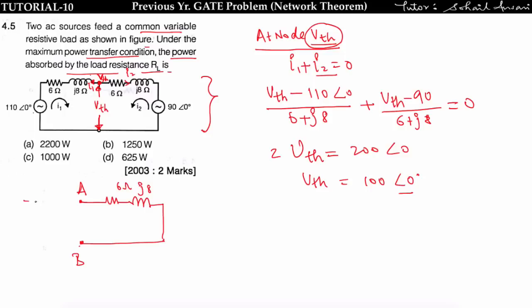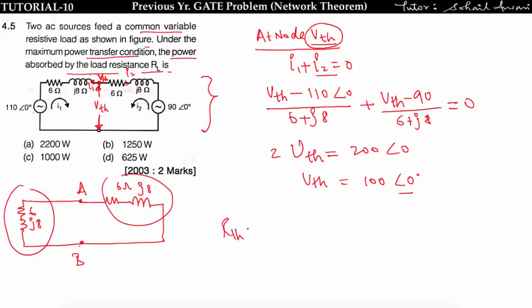Again, I will get this 6 ohm, this 8J, and this short circuited. Now see, this impedance and this impedance are parallel to each other across the AB terminal, so RTH is equal to (6 plus J8) parallel with (6 plus J8). You will get RTH is equal to 3 plus J4.